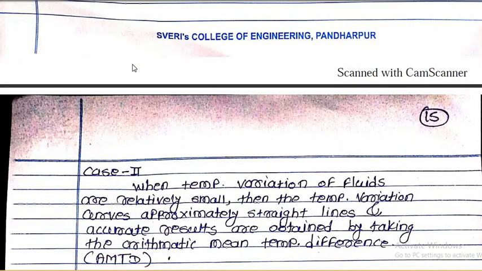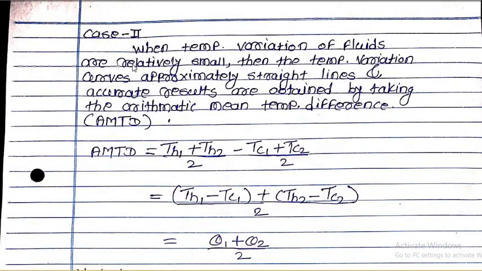So the second special case is when the temperature variation of the fluids is relatively small. Then the temperature variation curves are approximately straight lines, and accurate results are obtained by taking the arithmetic mean temperature difference, that is AMTD, instead of LMTD.